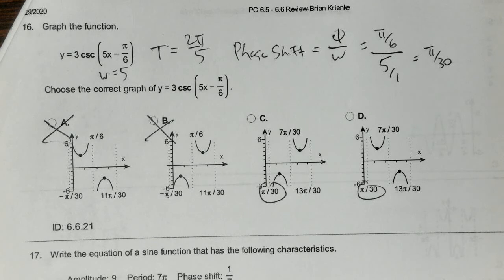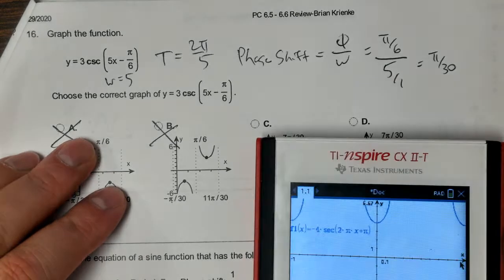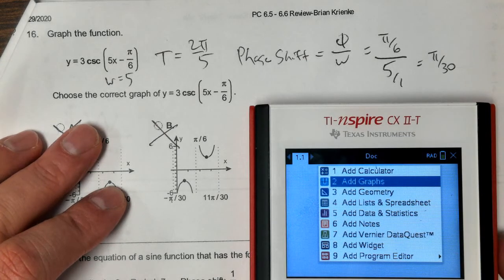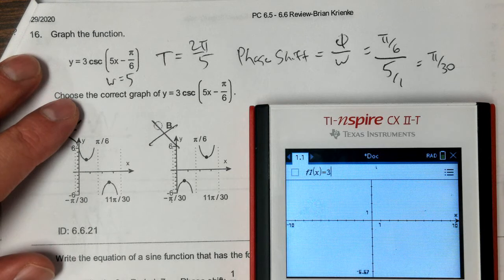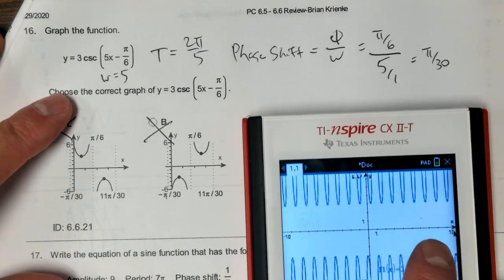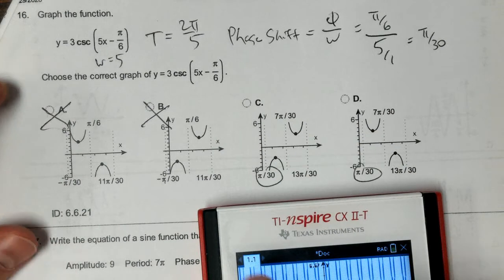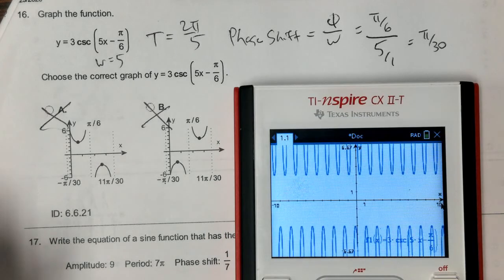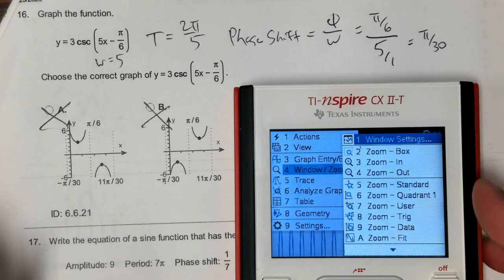Okay, so then we want to graph it. Three cosecant 5x minus pi 6. Okay, so then we want our graph to go from pi 30ths to, I'm just going to put 2.